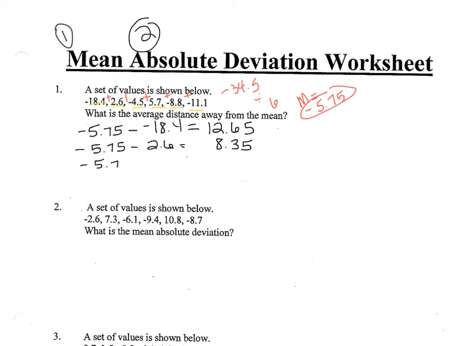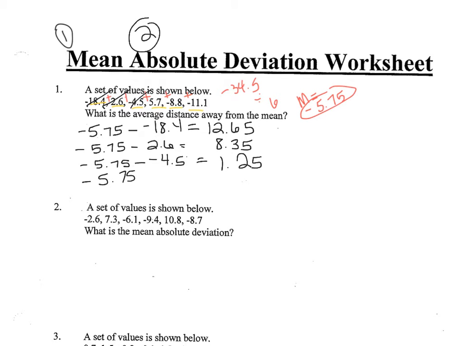Negative 5.75 minus negative 4.5. That's what's next. I'm going to mark these off so I know which ones I've done. In my calculator, negative 5.75 minus negative 4.5. Whoops, just kidding, it's a 1.25. The calculator does say negative 1.25, but remember, we're dropping the negatives. You have to be careful, because I just almost messed it up myself.